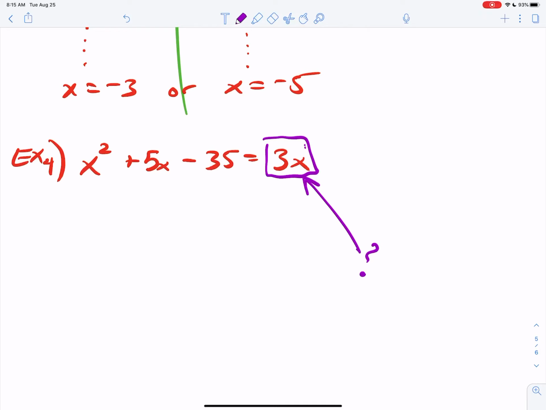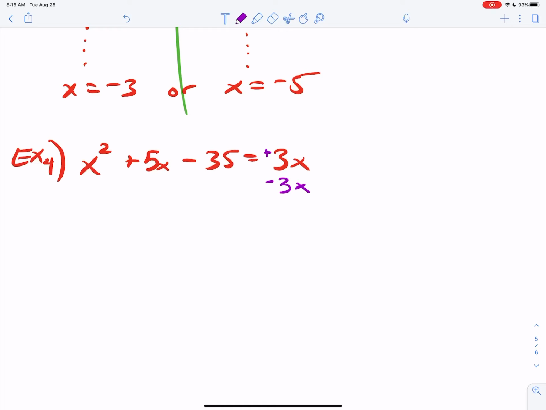Okay? It doesn't change anything at all, you guys. So our goal is to still make the right-hand side 0. Or actually, it's either side, but it's easier to move the 3x over. So what we're going to do is, how do I move a positive 3x over? I perform the inverse operation. So I'll subtract 3x. Now, if I do it to one side, I have to do it to the other, but where would you guys subtract 3x, right?